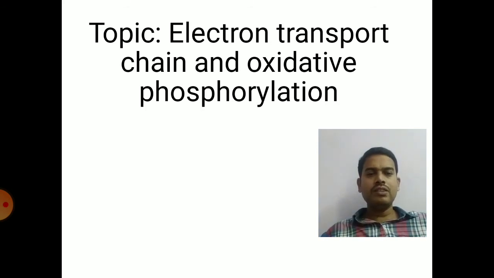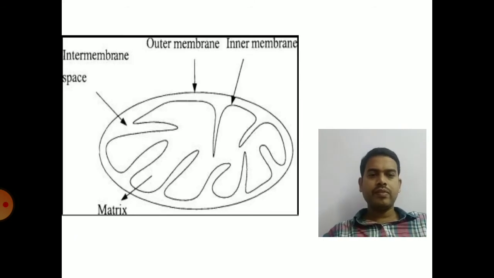So before going into the electron transport chain, we have to see the structure of mitochondria, such that we will have an idea where these electron transport chain proteins are present. So this is the structure of mitochondria. It is a double membrane cell organelle.